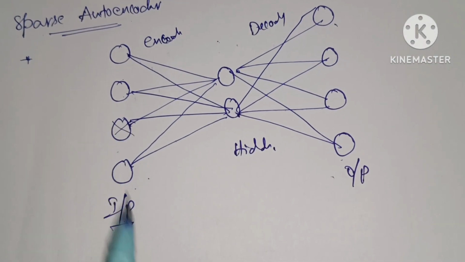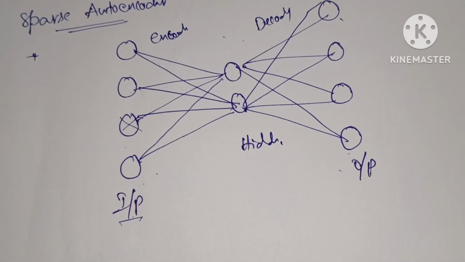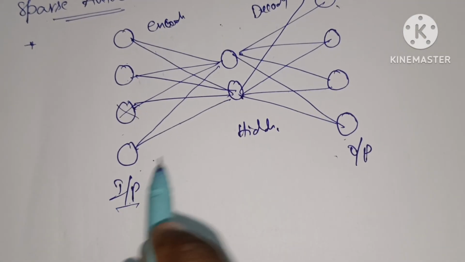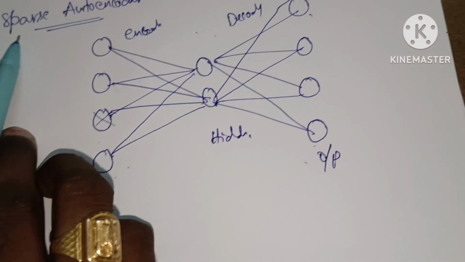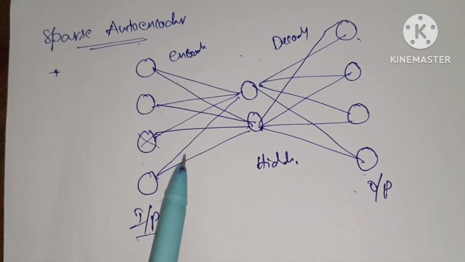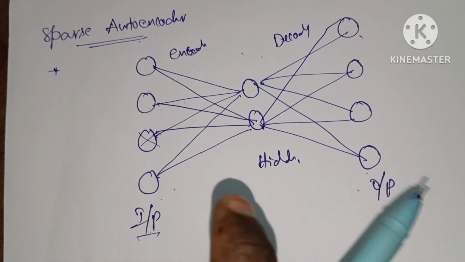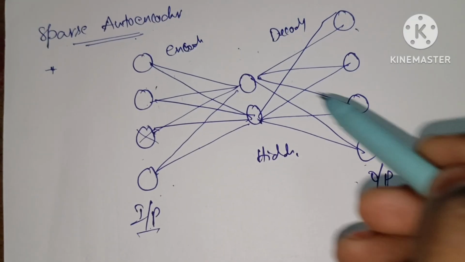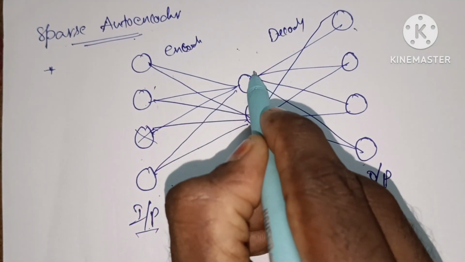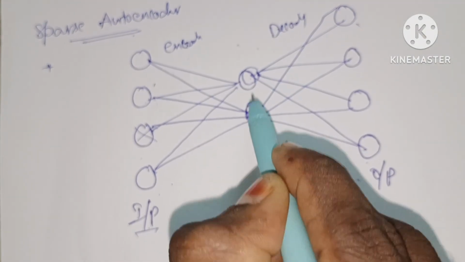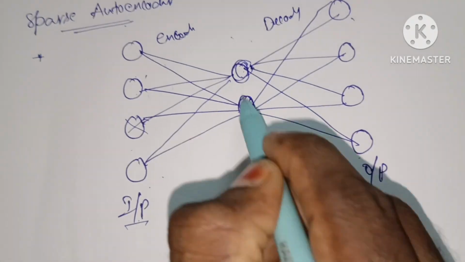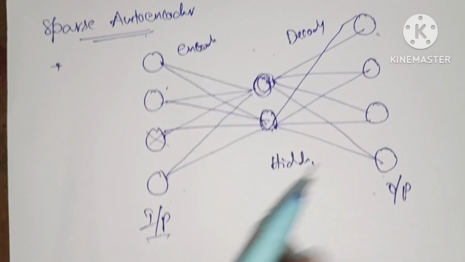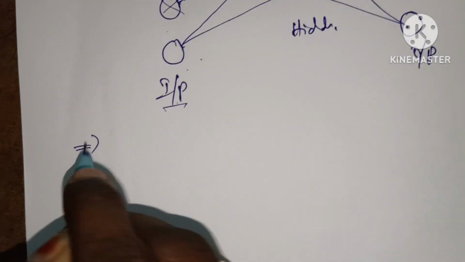If any node is absent, penalized or missing, how can we process it? Then we use a sparse autoencoder. Sparse autoencoders are controlled by changing the number of nodes in each hidden layer. Is it clear?